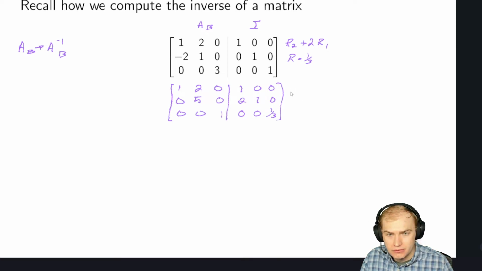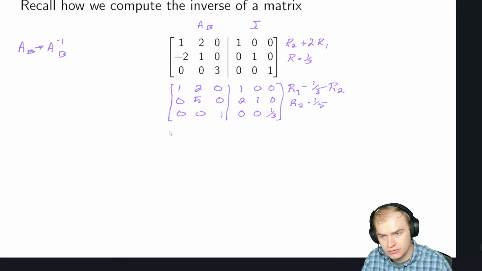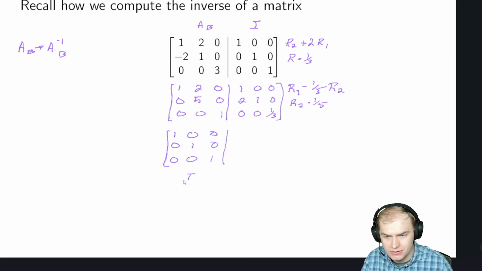And then I'm going to do row 1 minus 1/5 row 2, and row 2 times 1 over 5. It's going to give us 1, 0, 0, 0, 1, 0, 0, 0, 1. So we have our identity matrix on the left-hand side, and this row stays the same.